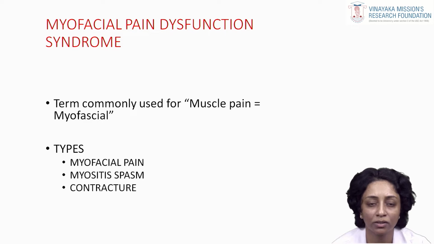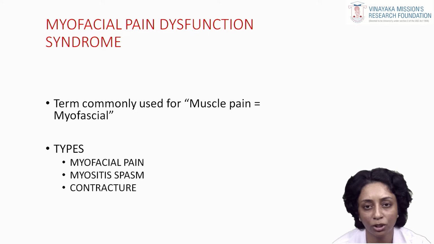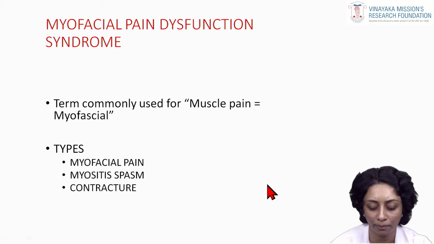All this can cause straining of the muscles of mastication, which will lead to myospasm or local soreness of the muscles. So whatever pain, spasm or contracture pertains to the muscles is grouped under myofascial pain dysfunction syndrome.